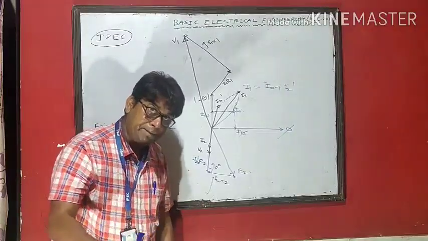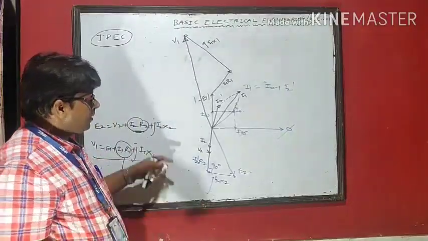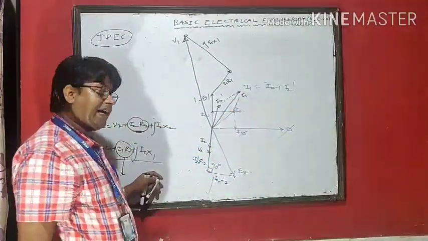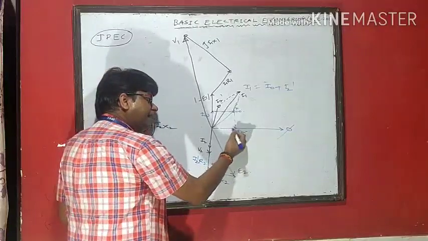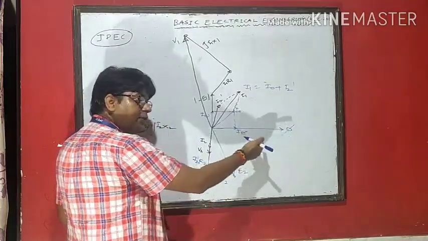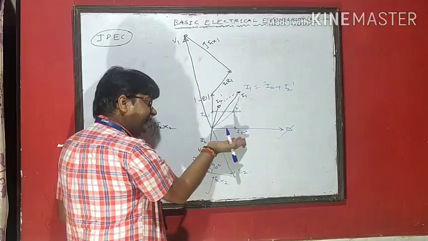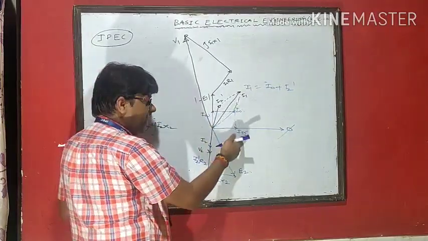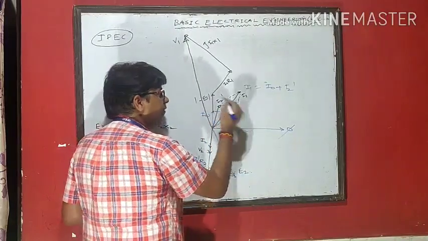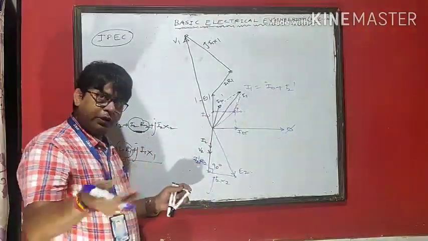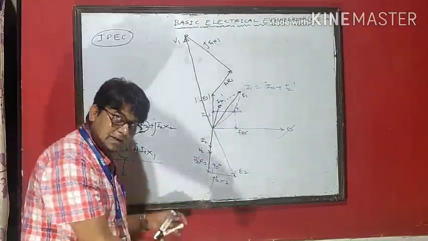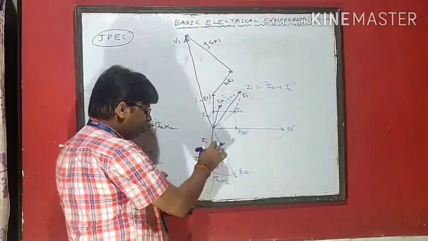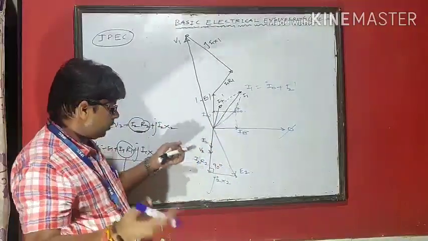Again repeat the steps, please understand clearly. First step, phi is taken as reference. Second, I phi is in the same phase as the flux phi due to magnetic effect. And 90 degrees from I phi is the IW. The resultant of I phi and IW is the I naught. You know that here is the V2, below the reference line. We can take V2 anywhere because the load is not connected.